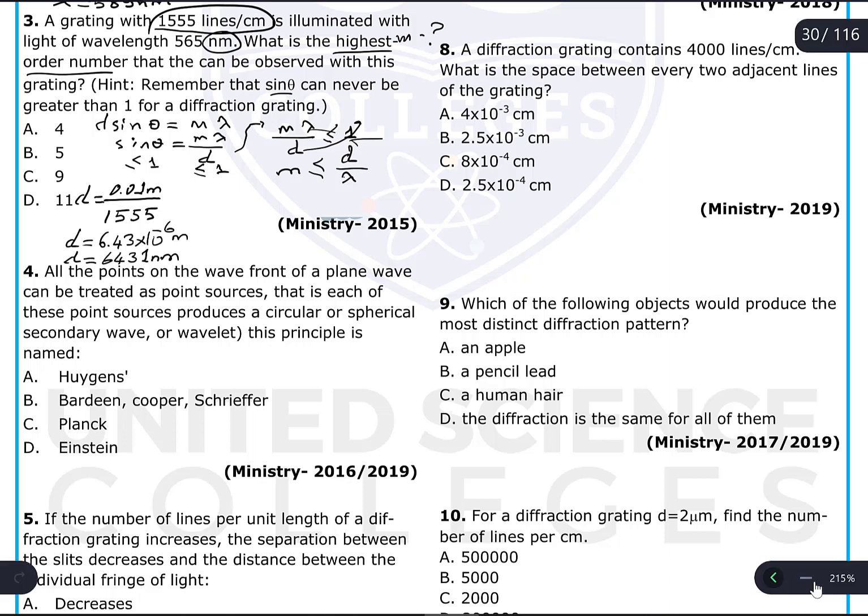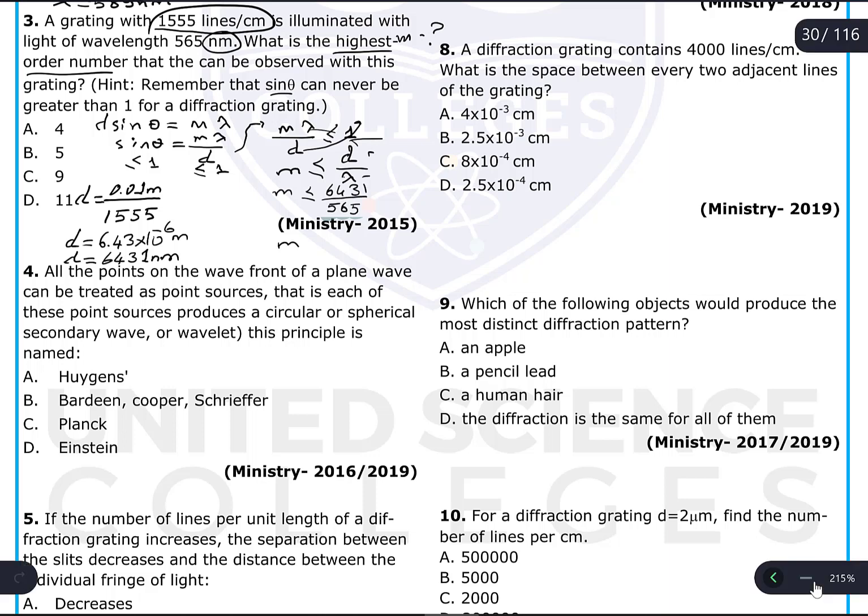Now I can use d in here and the lambda in here for calculating m. M is less than or equal to d over lambda. D is 6,431 nanometer divided by lambda in nanometer, 565. It is given in the question. So divided by 565, result is going to be 11.4.